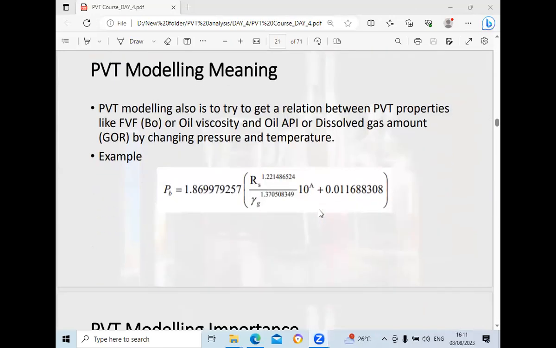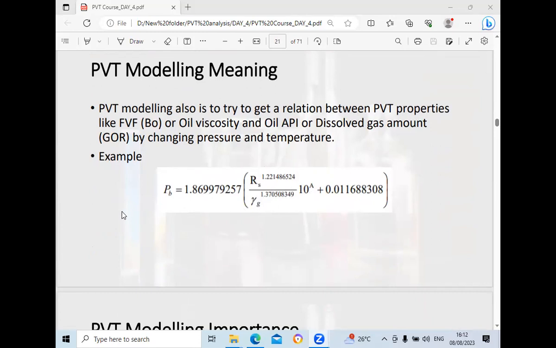All right, so this is just an example of a correlation, how you can use other properties to predict other properties. In this case, this is a correlation to calculate the bubble point pressure. We have the gas gravity, we have the solution gas, and it also depends on a parameter A. This parameter A will depend on pressure and the temperature condition.